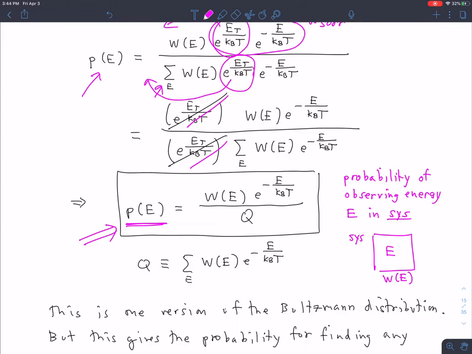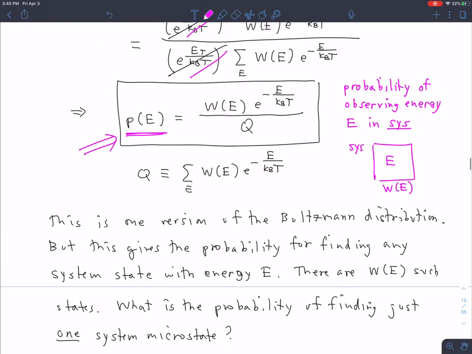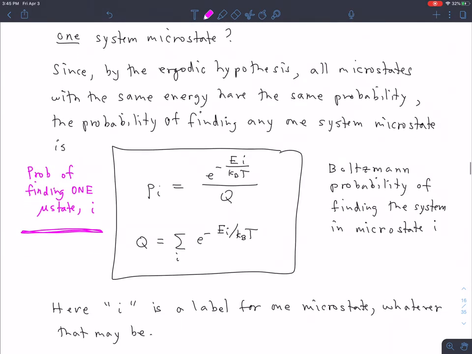But remember, from the ergodic hypothesis, all microstates with the same energy have the same probability. That means that the probability of just one microstate is the same thing that we found up here, but without this W of E here, right? That's telling us how many system microstates have energy E. Well, they all have the same probability. Therefore, just take away that W of E, and we get the probability of finding just one microstate.